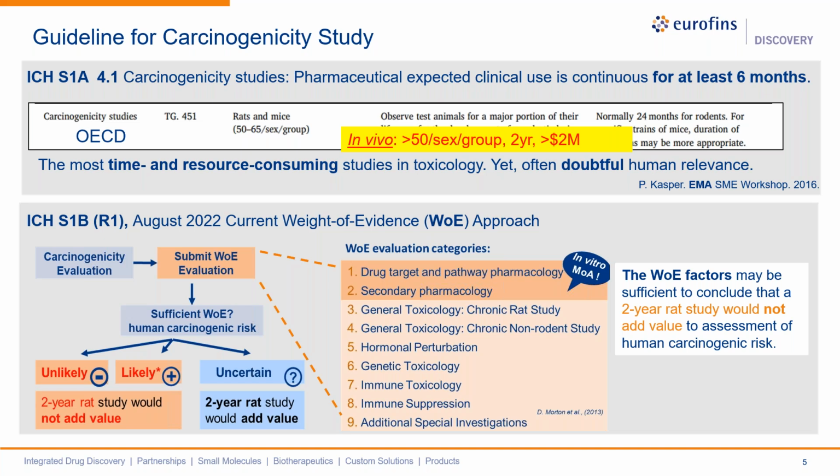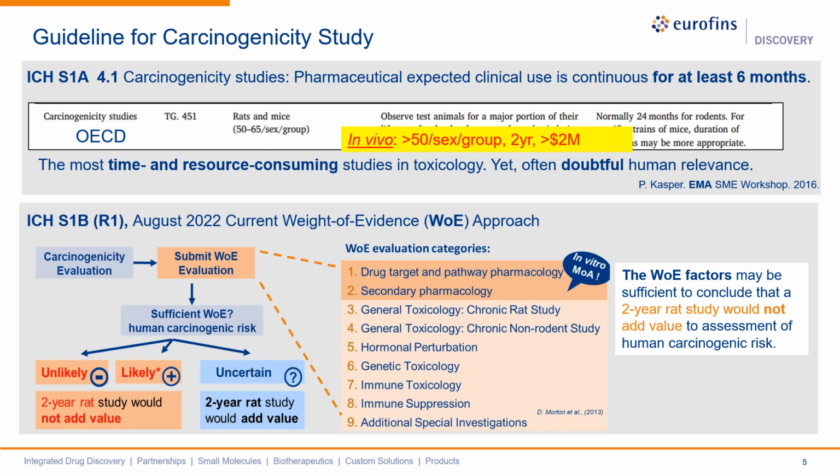Based on this comprehensive assessment, we can now determine whether a traditional 2-year rat study would add value to understand human carcinogenicity risk. This leads to 3 possible outcomes, which you can see in the lower left side of the slide: unlikely, likely, or uncertain.